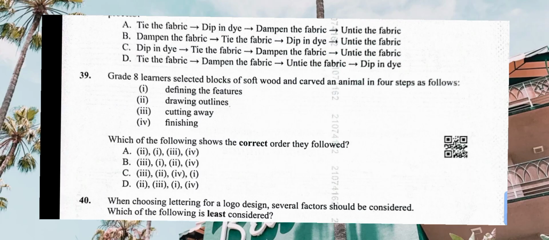We have number 1, you start with 2, drawing outlines, then go to 3, cutting away, then go to 1, defining the features, then 4, finishing. So the correct answer there will be, yes, D. That is 2, 3, 1, and 4.